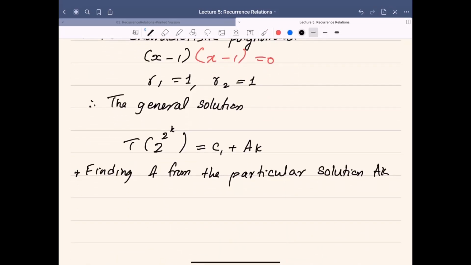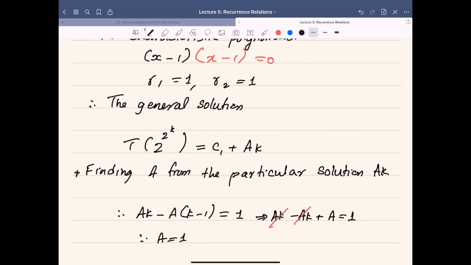So substitute, we will get a k minus a(k minus 1), which is equal to 1. From here we will have a k minus a k plus a is equal to 1. So we have a is equal to 1 because a k minus a k is 0.